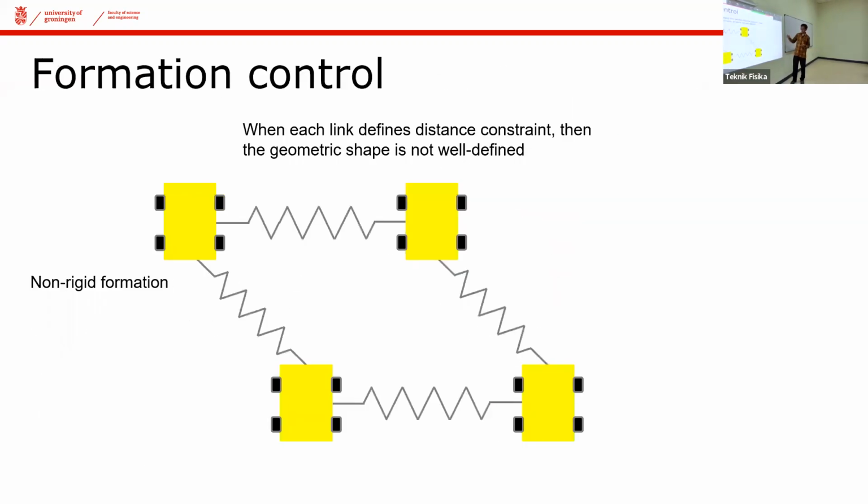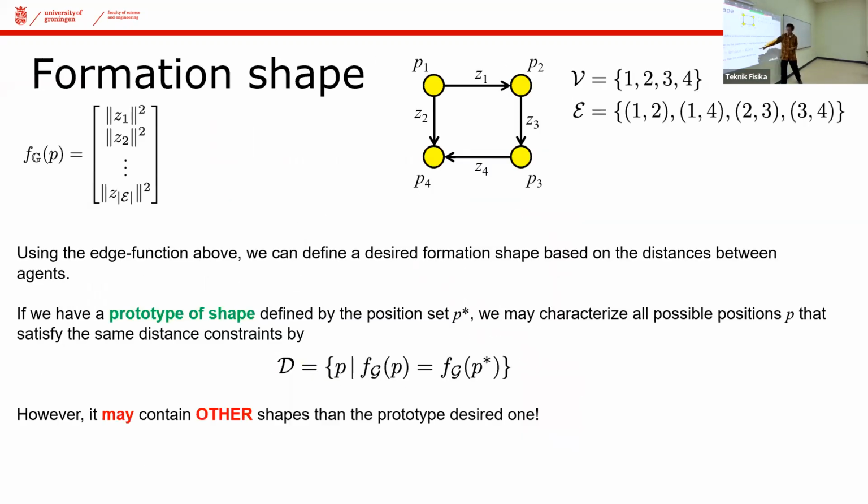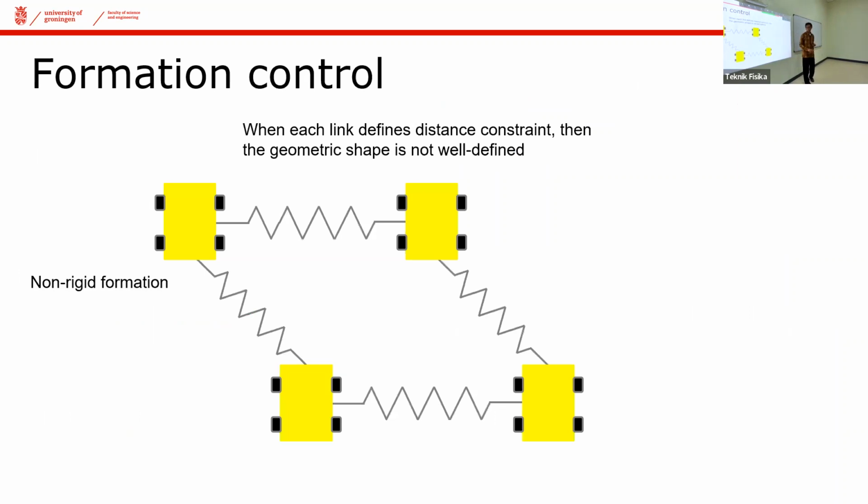So this one is the correct shape, and we want to design a control input in such a way that when they start from a wrong shape, meaning that they do not belong to this set, they can converge to any positions of this set which is satisfying these conditions. Yeah.